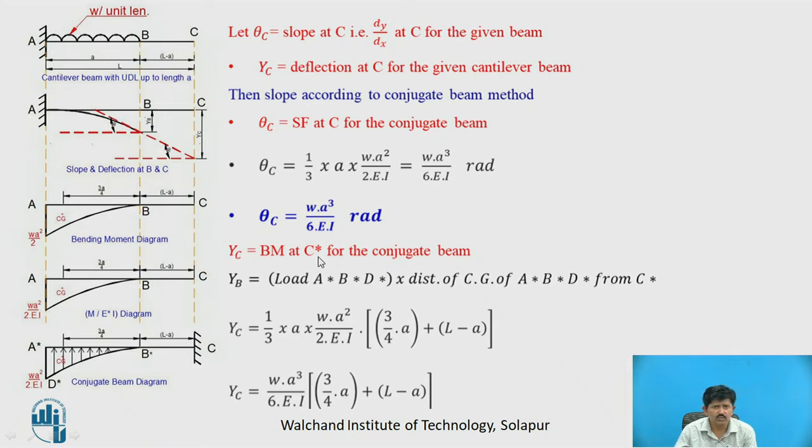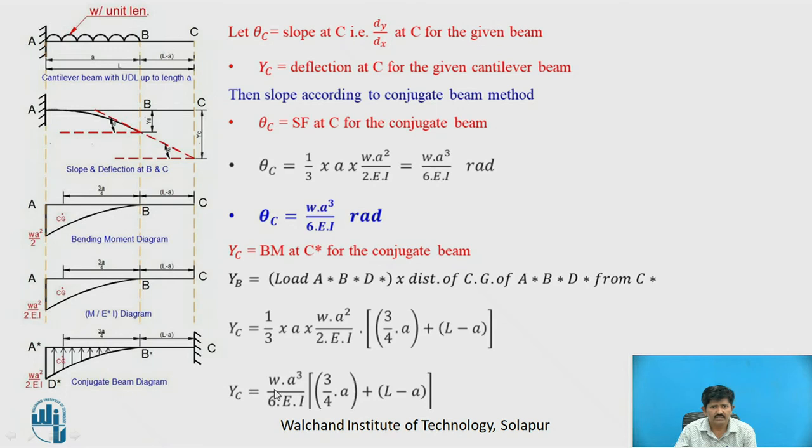YC is equal to the bending moment at C star for the conjugate beam. So that is load into the CG of this load from point C. So YC is equal to 1/3 base into height, and the CG will be 3/4 of A plus L minus A, this distance.